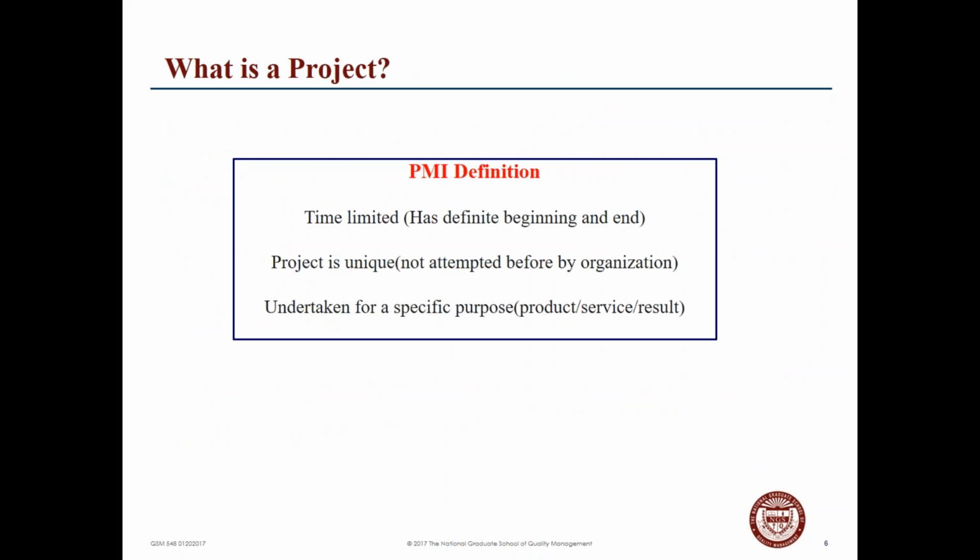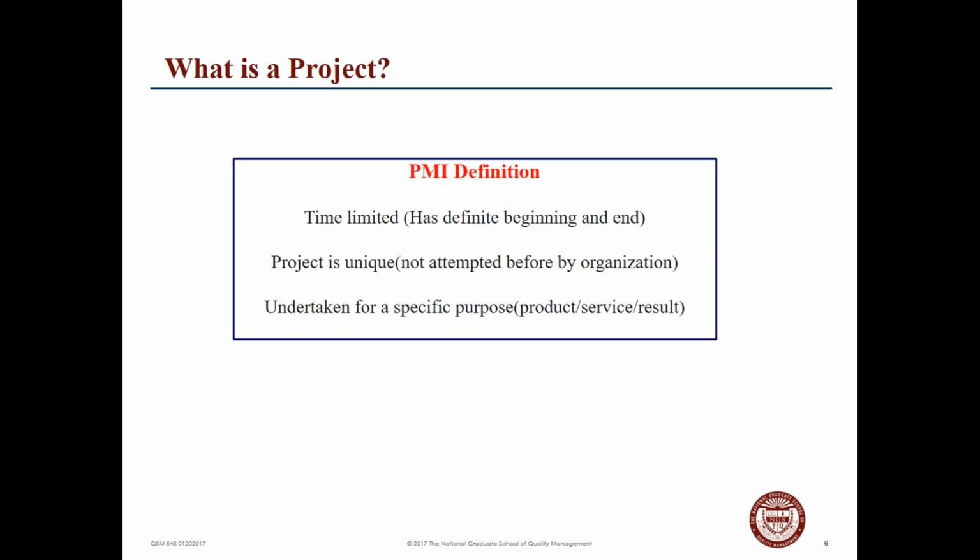So let's start with some of the basics. What is a project? According to PMI, it has a definite beginning and end. It should be unique. It should not have been attempted before in the organization.